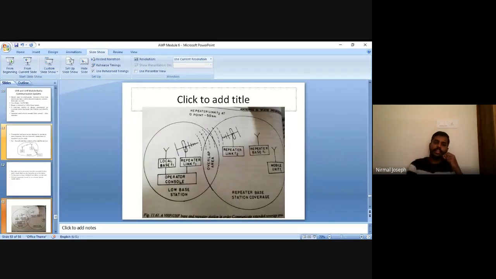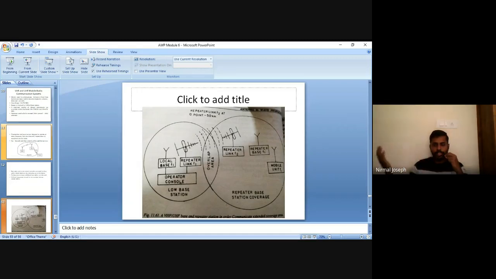See, this is an example of that. Here, one base station is there, and the operator console is there. From the local base station, it is transmitted. Okay, and there is one more repeater station shown, repeater link 2. That means from the operator console, it is going to local base station 1, and the local base station will be handling so many handsets.